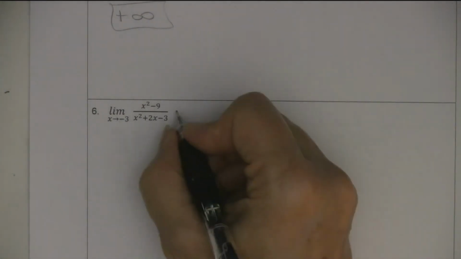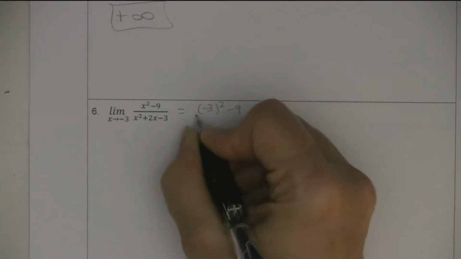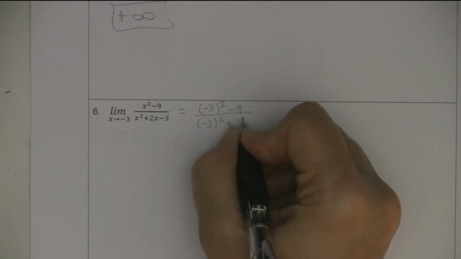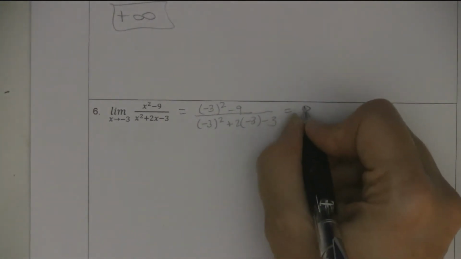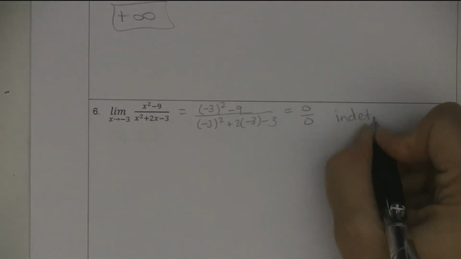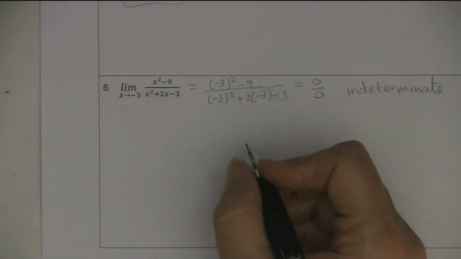Here, when I substitute in, that's my first limit law. So I'm plugging in, and I notice that, oh, this is 0 over 0. This is indeterminate, and that means that I need to work harder, probably factor it, because it's a polynomial over a polynomial.